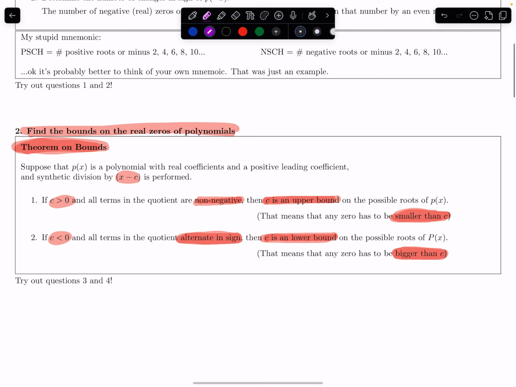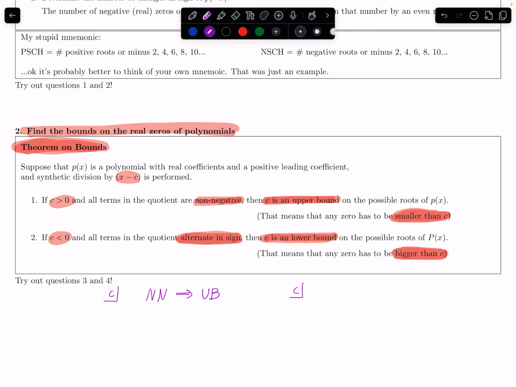Here's one, not really a good one, but here's one anyway. Let's say you divide by c, where you run your synthetic division. Maybe I'll draw a little c for myself to remember. Let's say it's non-negative, then that means you've got an upper bound. So n equals upper bound, or nub. You divide by c, do the synthetic division with c, and n means upper bound.